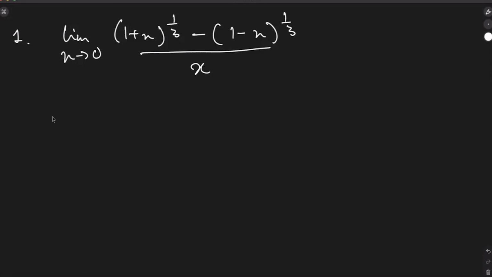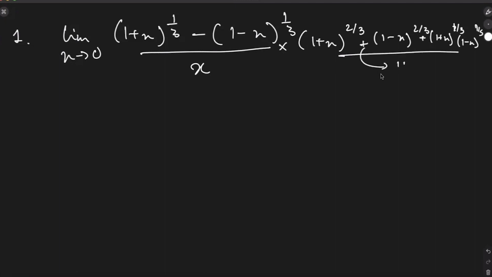What method can you apply to solve this? Think of it. Can you see that this is the a cube minus b cube form? If I multiply by 1 plus x raised to the power of 2 by 3 plus 1 minus x raised to the power of 2 by 3 plus 1 plus x raised to the power of 1 by 3 into 1 minus x raised to the power of 1 by 3, the same thing will be in the denominator as well.